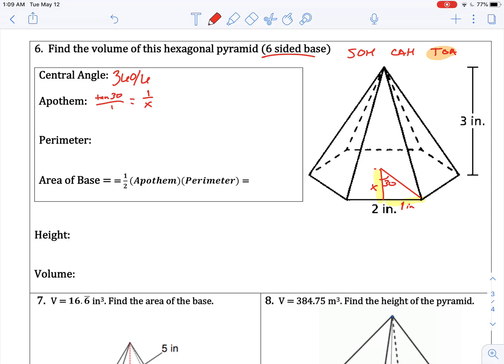If we cross multiply and solve, then 1 over the tangent of 30, x is 1.73.